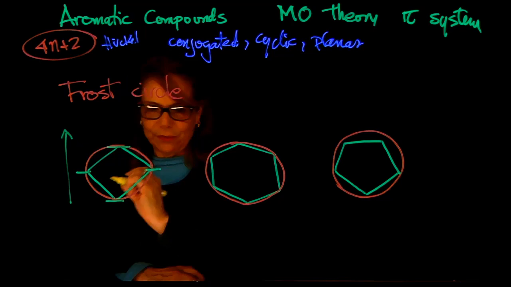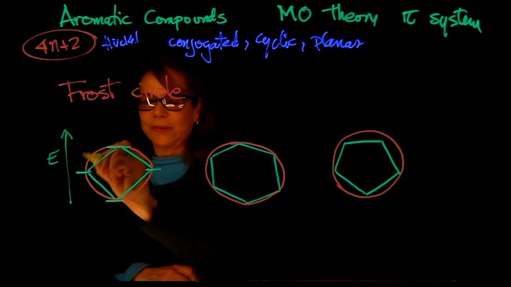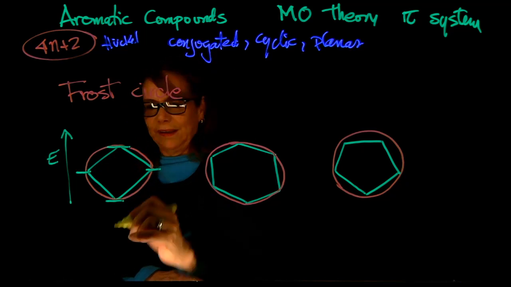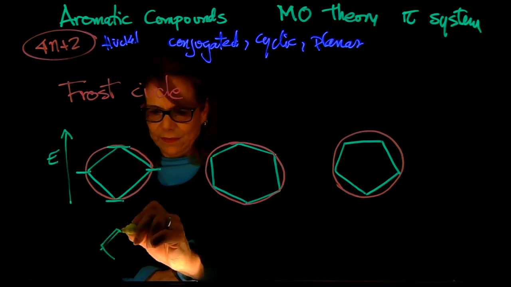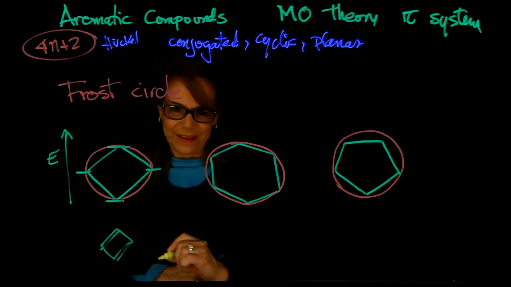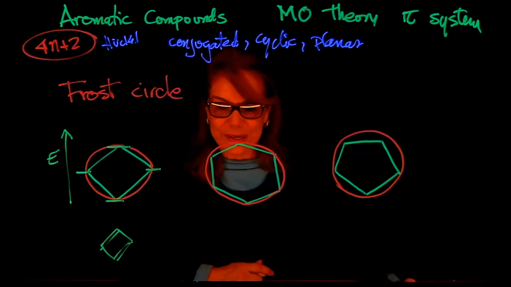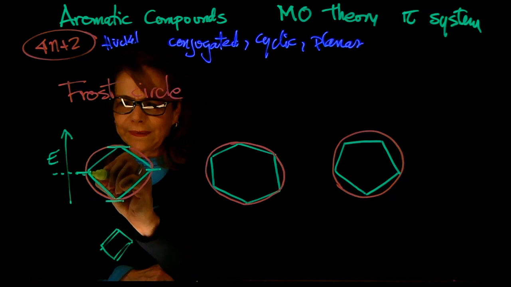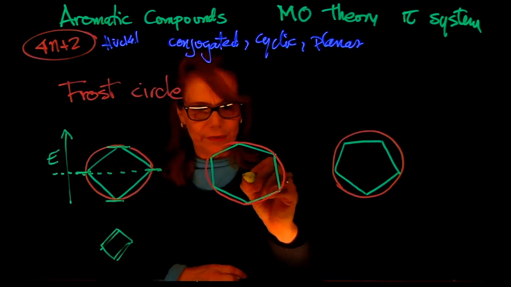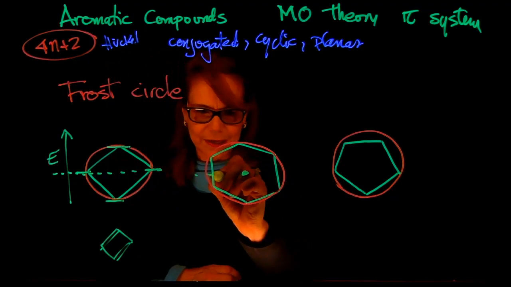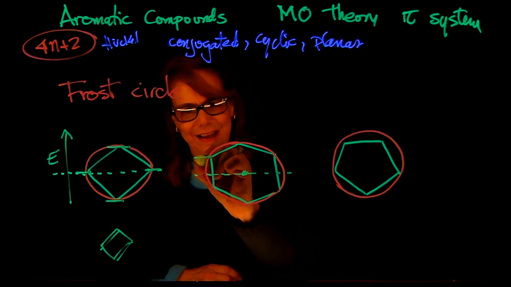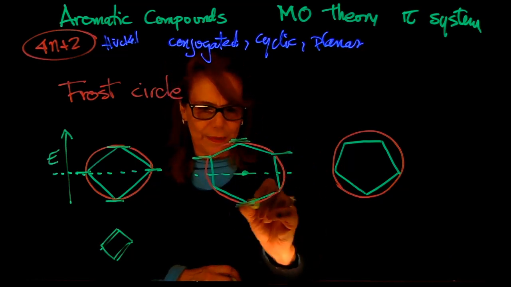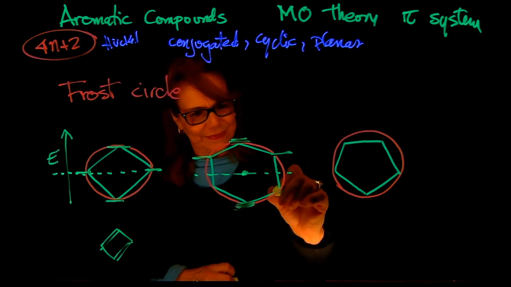And voila, here we have the diagram of energy levels of the MOs of cyclo-pentadienyl. Say that we were doing this if we wanted to explain MO energy levels of cyclobutadiene, and that for benzene. Here, by the way, this will be my zero energy, the center of the circle, and my energy levels will be where the polygon is in contact with the circle.